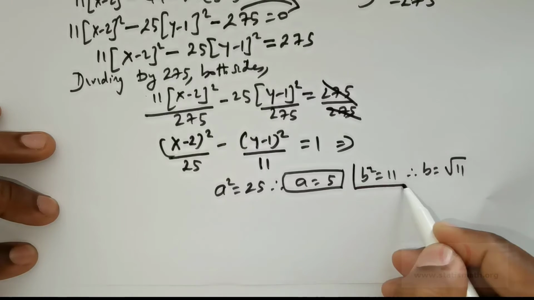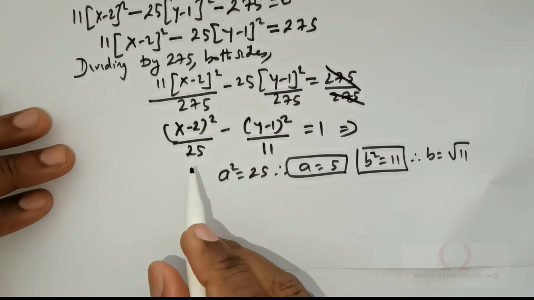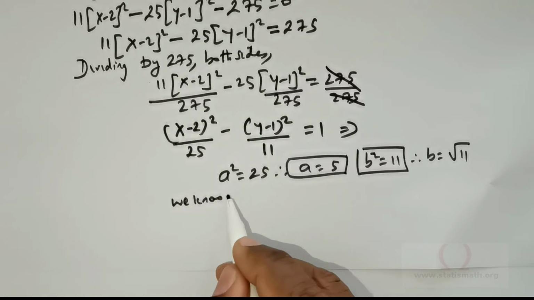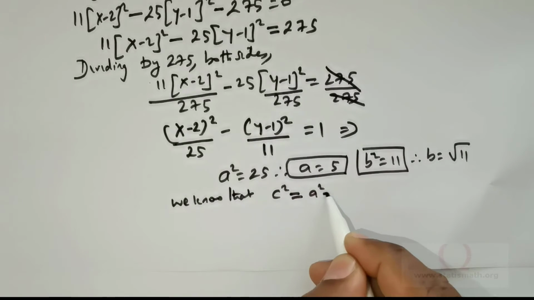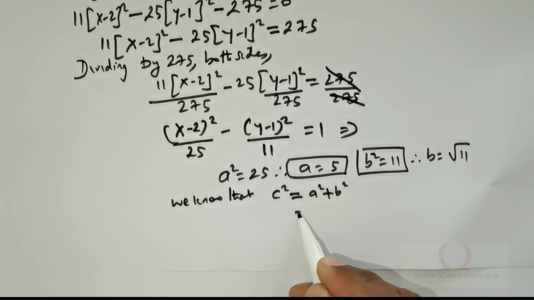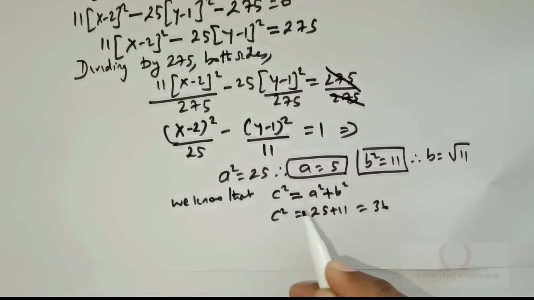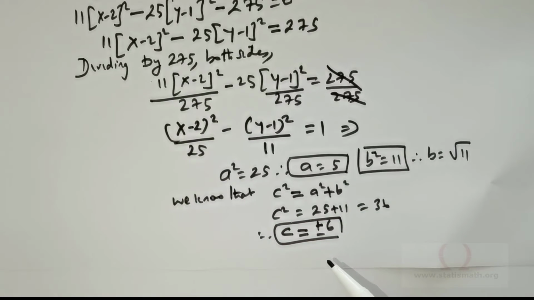I will rather use b squared is equal to 11. Now we have to look into the foci. We know that c squared is equal to a squared positive b squared. So that means 25 positive 11, which is 36. This is c squared. Therefore, my c is going to be equal to plus or minus 6.